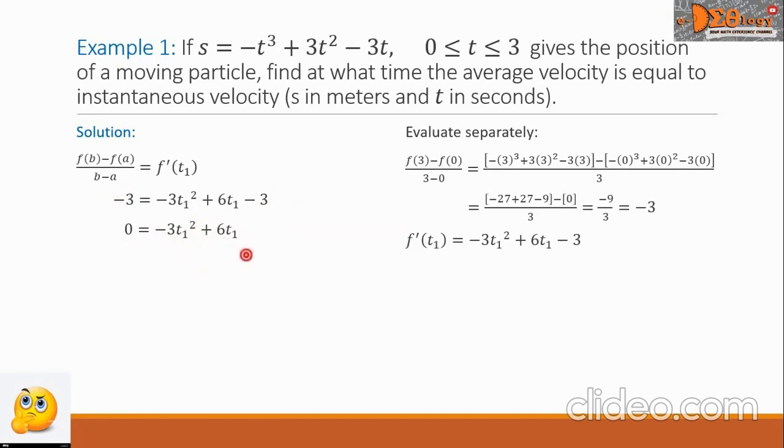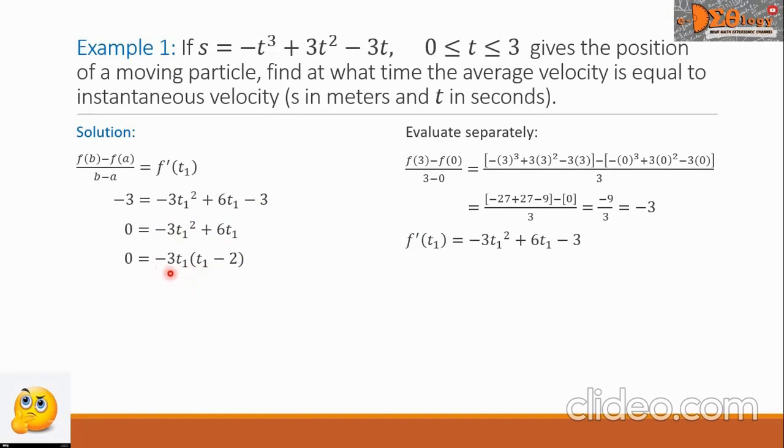In here, let us factor out a common factor, and that common factor is the negative 3t sub 1. We have now this negative 3t sub 1 times the quantity t sub 1 minus 2. We're going to equate each factor to 0.